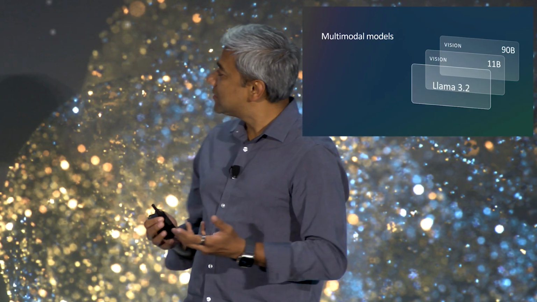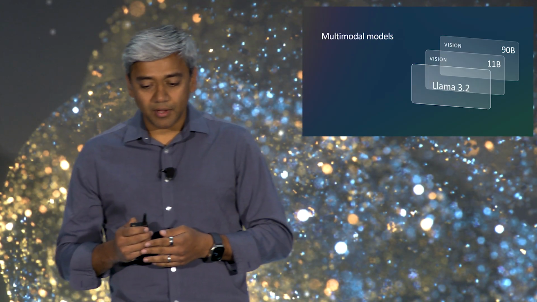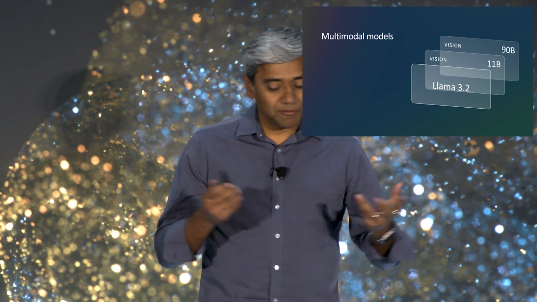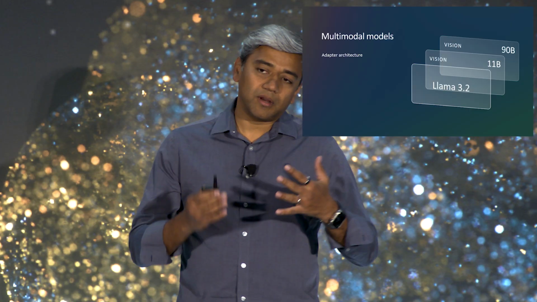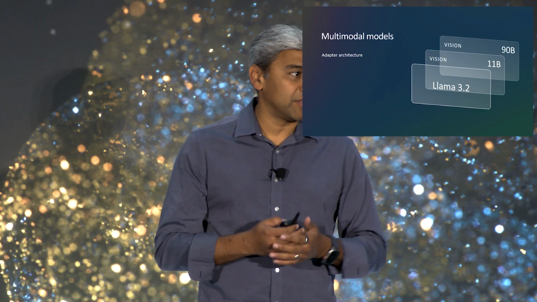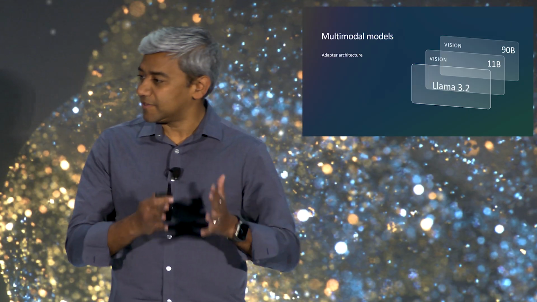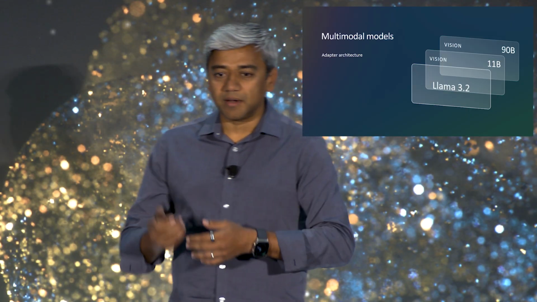The next set of models that we announced recently are the vision models, essentially giving Llama the power of vision. And these were built with a fairly unique architecture of the model itself through the adapter architecture. So the text inference is still the same, the backplane is the same, but then there were image understanding adapters that were added.